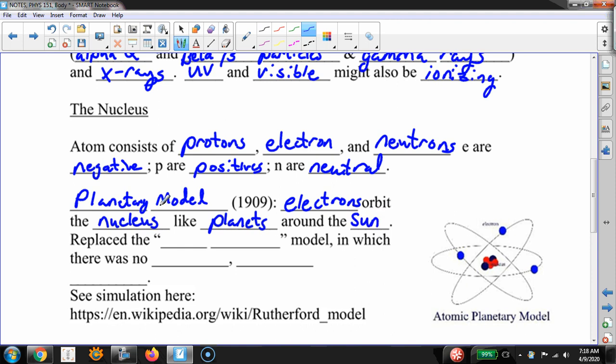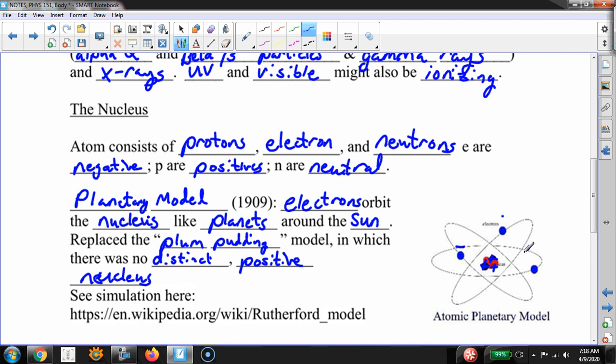And this replaced the plum pudding model. Not sure if you know what plum pudding is. I'm not sure that I know what plum pudding is. But in the plum pudding model, there was no distinct positive nucleus. So in the planetary model, we have a distinct positive nucleus, and then you have these electrons, which are negative, that orbit around it.